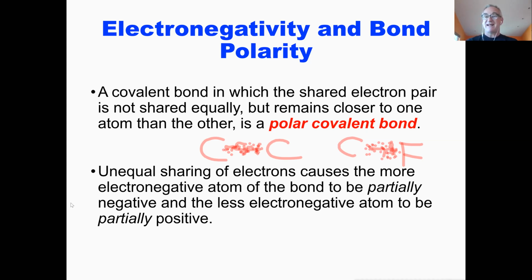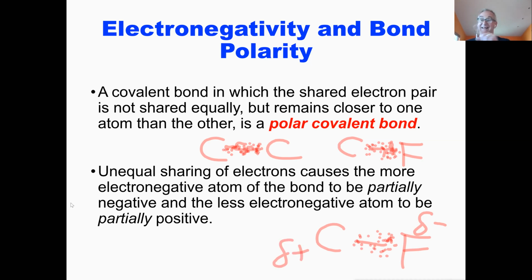And we call this a dipole. Polar means there's basically two poles. One is slightly more negative, and we use this delta to indicate slightly more. So the fluorine is slightly more negative because it has slightly more electrons in its vicinity than the carbon, which becomes slightly positive.